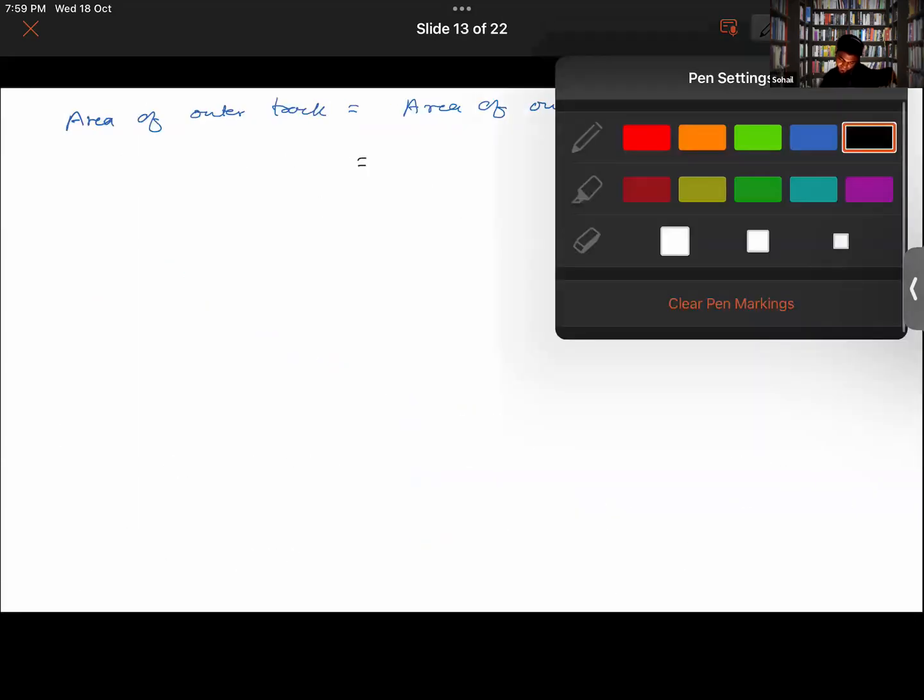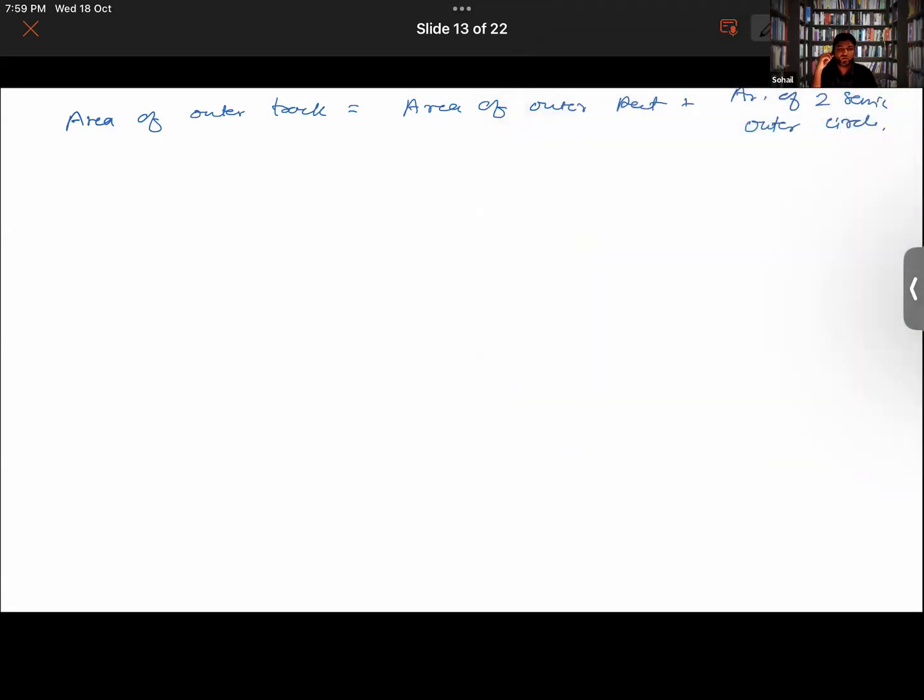Do one thing now. If you have to talk about area of outer track, I can say that for the rectangle it will be length into breadth simply. Area of two semicircles means pi r square plus pi r square.